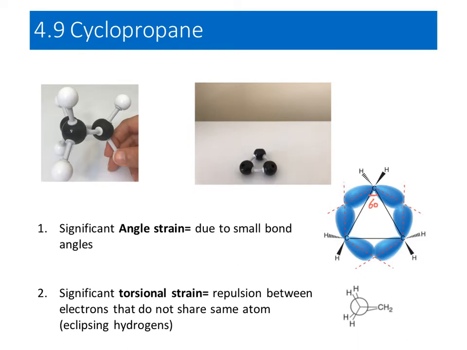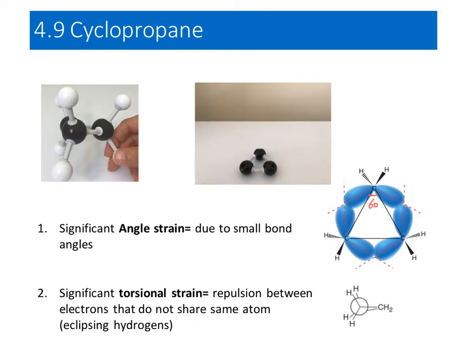The other strain in cyclopropane is torsional strain, and that happens due to repulsion between electrons that don't share the same atom. So what does that mean? Here is the structure of cyclopropane.